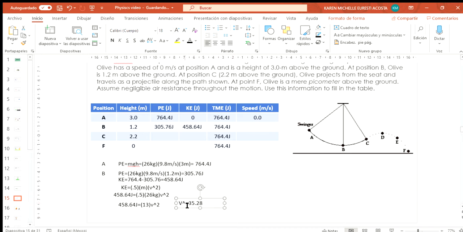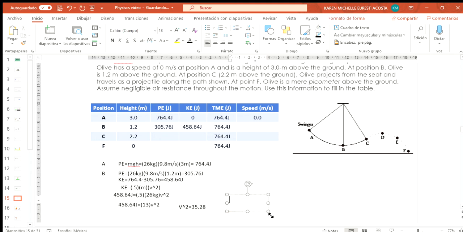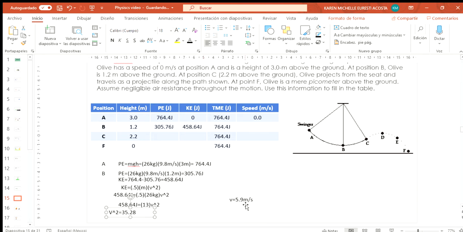But this is a square, so we have to take the square root of 35.28. That is 5.9 meters per second. This is the speed at position B.